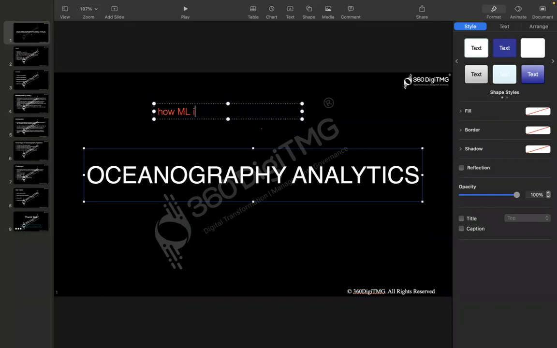How is machine learning useful in oceanography? We'll learn how machine learning is useful in oceanography or oceanography analytics. So here we'll start with the machine learning topic.